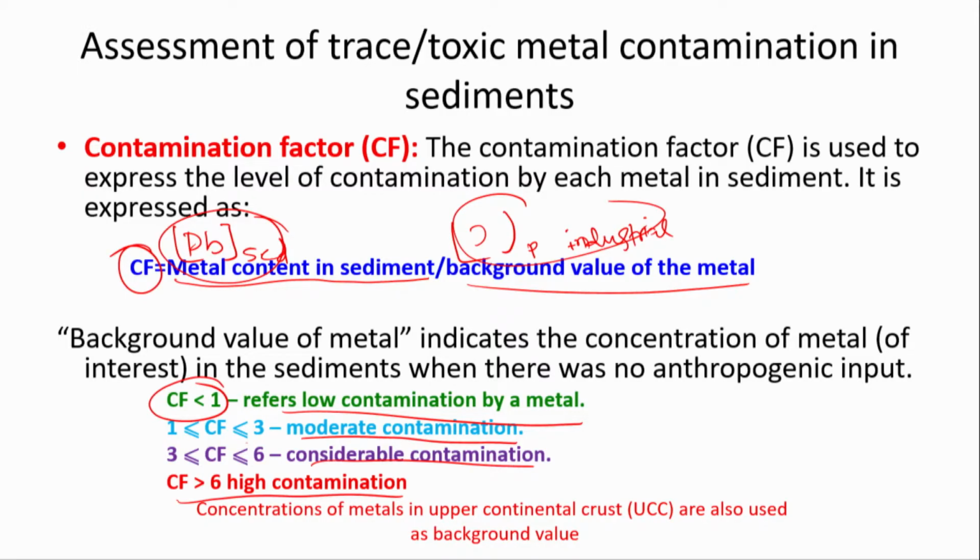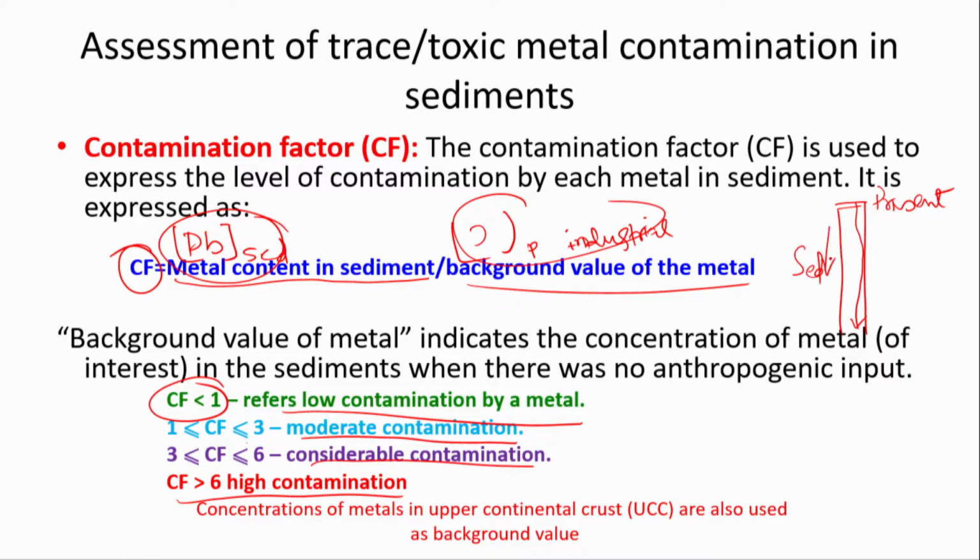But how to get this background value? How to get the pre-industrial metal concentration in the sediment from a particular area? It is difficult. But if you take a long sediment core and date it, your surface sediment represents the present situation. If you go down, this is because of the sedimentation, right?